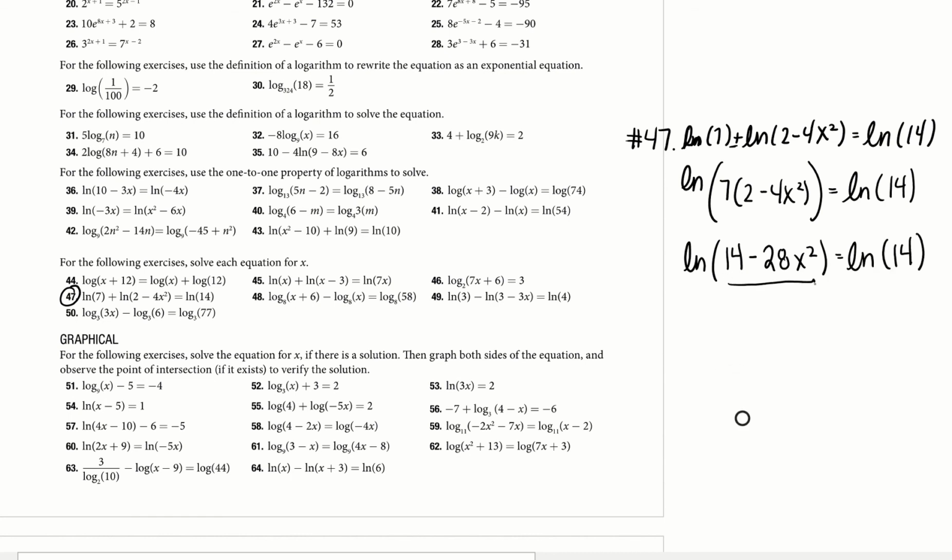So now I know, because of the property of being one to one, that all I have to do is solve. So that gives me, I subtract 14 from both sides, which leaves me with negative 28x squared equals 0.